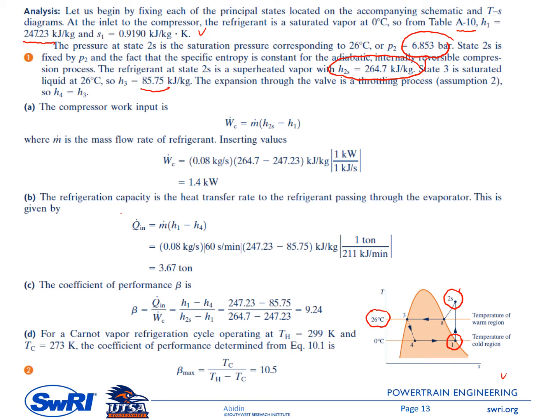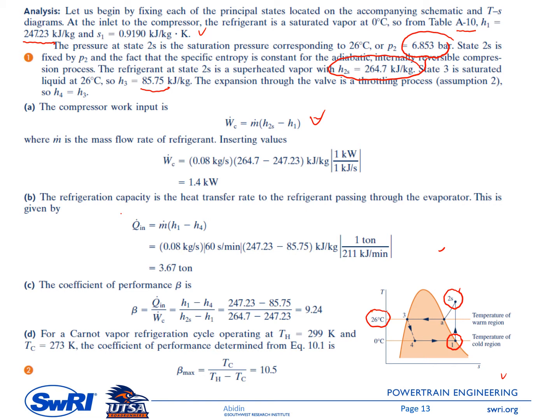Once we complete fixing the properties at each state, we are ready to answer the questions. The first question is the compressor work input, W dot C. This is m dot times (H2s minus H1). m dot is given in the problem, 0.08 kilogram per second.